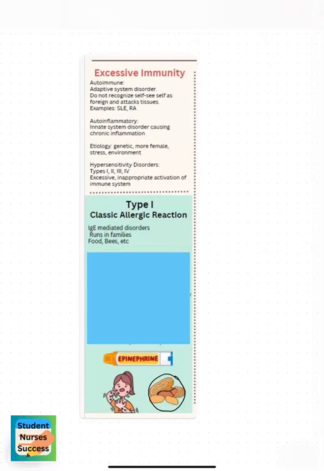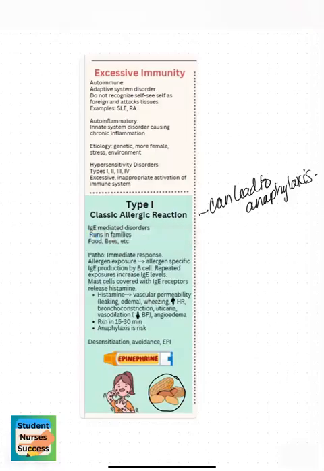Or sometimes it's a shrimp allergy, or a tree nut allergy. In these particular cases, these are classic allergic reactions that can lead to anaphylaxis. Let's talk about the patho behind them.